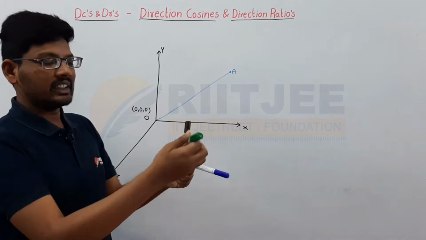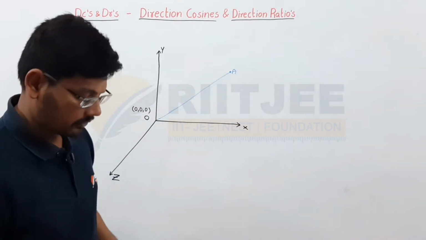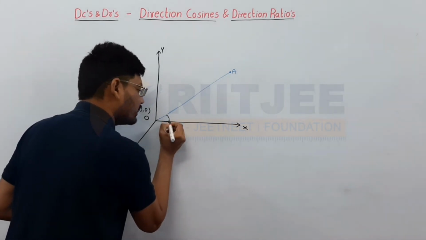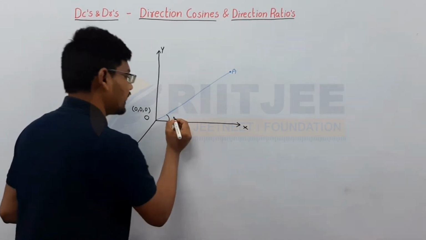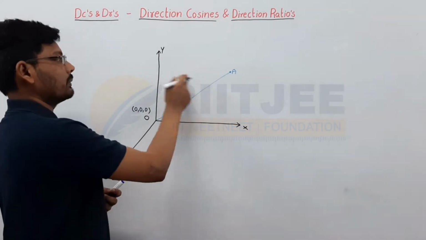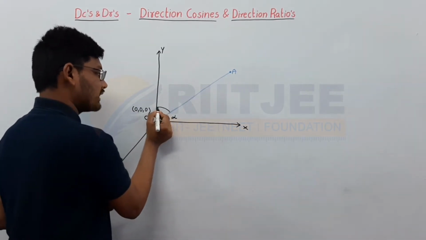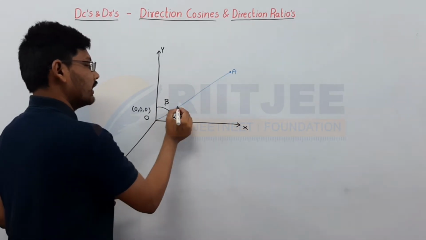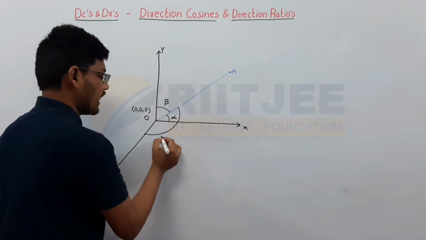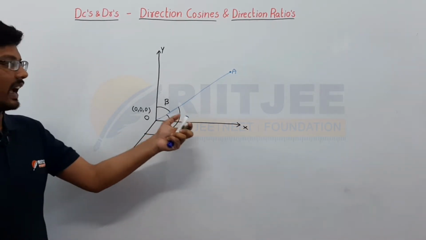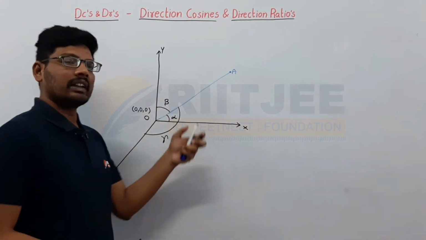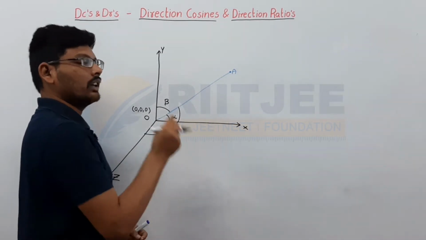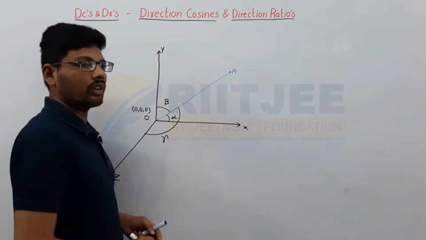Here the angles I am considering are: the line making an angle with the X axis is alpha, the line making an angle with the Y axis is beta, and the line making an angle with the Z axis is gamma. Here the line in a 3D coordinate system is making 3 angles with the 3 axes of the coordinate system.